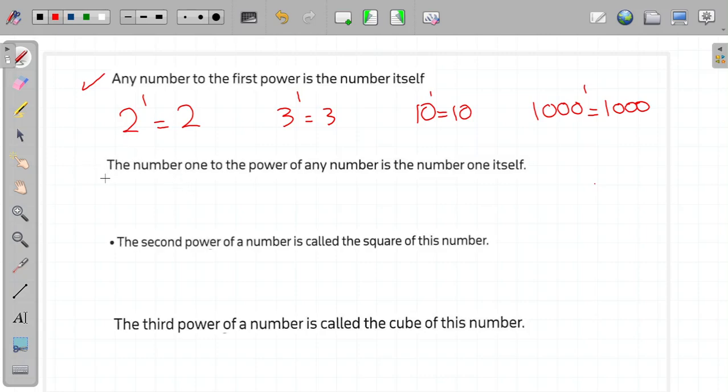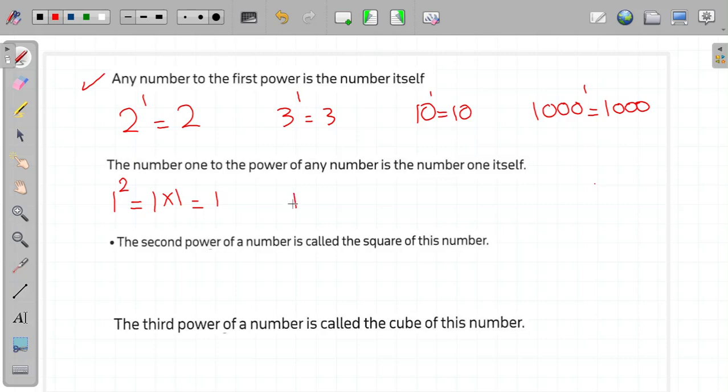The second one is that the number 1 to the power of any number is the number 1 itself. So if I have 1 to the power of 2, it will be 1 by 1. 1 by 1 equals what? Equals 1. So 1 to the second power, or the power of 2, equals 1.